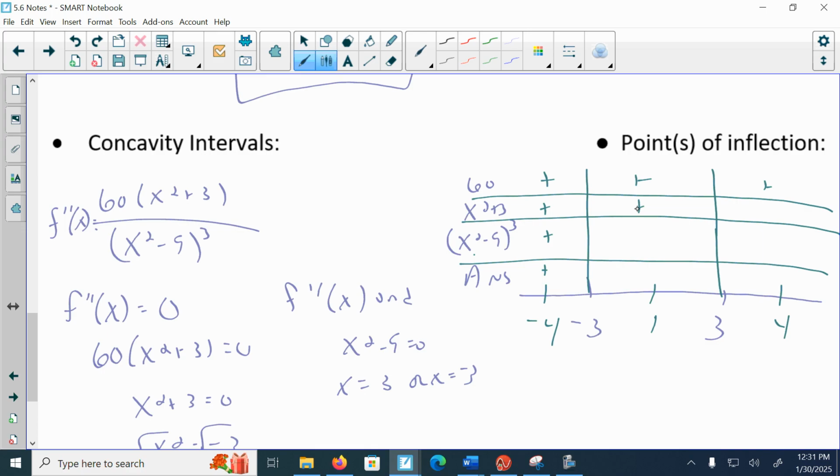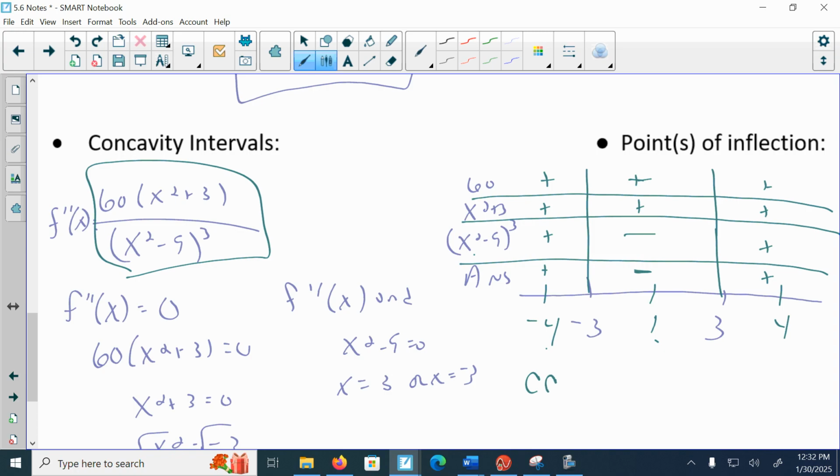When I put in 1, that's going to be 1 minus 9, which is negative 8. A negative number raised to the third power will be negative, so then this area will be negative. When I put in 4, it's going to be positive. Again, I'm going to have 16 minus 9, so that will be positive, and then positive. Again, if you don't like this, then you're taking this whole thing, putting it in the calculator, and writing down what numbers you get when you put in negative 4, 1, 4, and just telling you the signs.